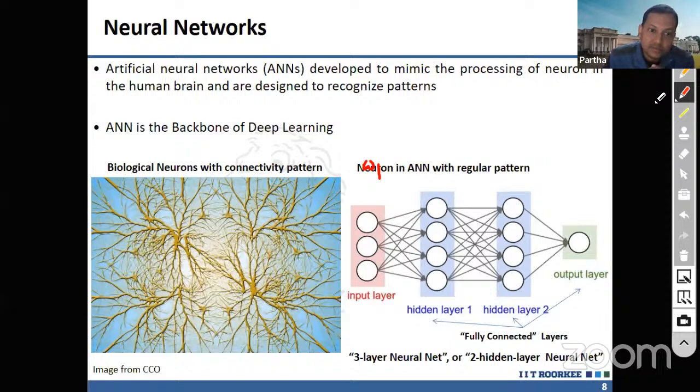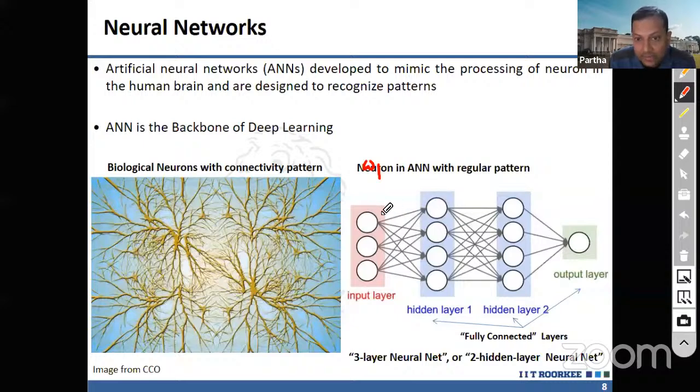If you see these figures, in biological neurons you have billions of neurons. In an artificial neural network we do not have this many neurons, but fewer, and they are not such a complex structure. There are structured patterns of these neurons.